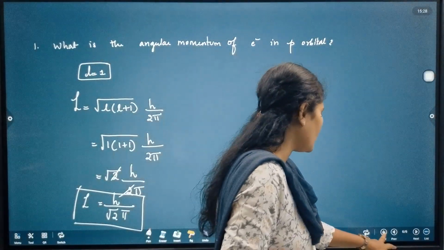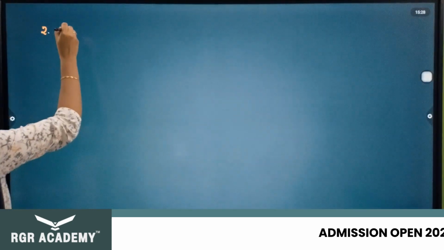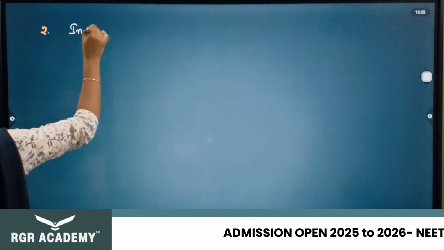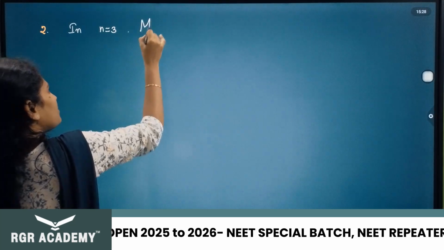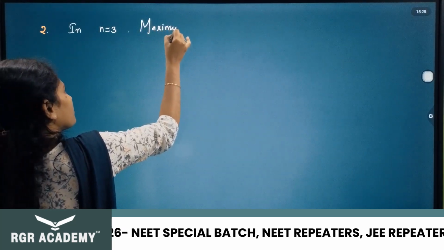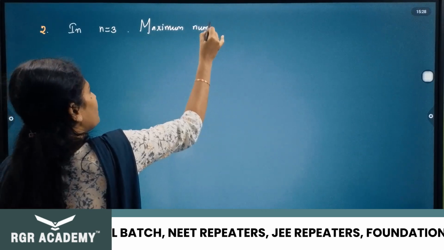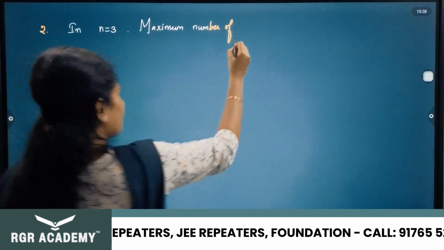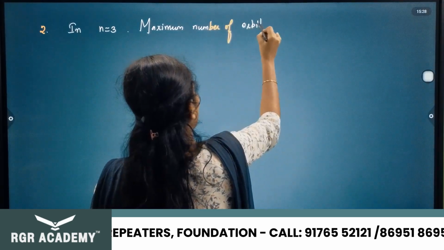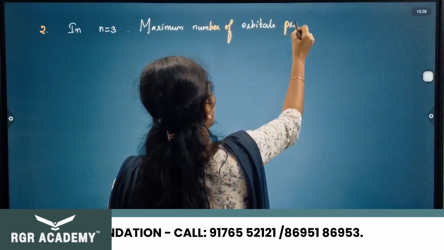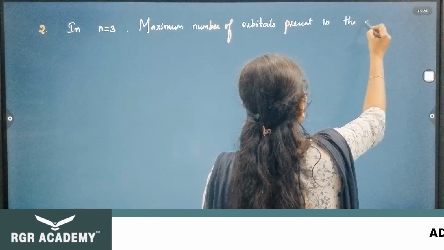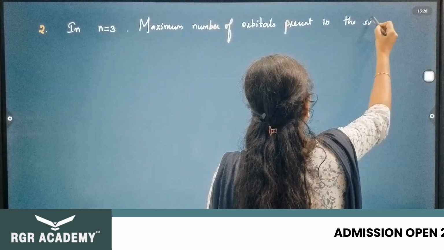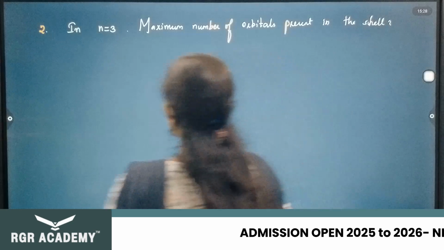Right. Now the next question. If n is equal to 3, what will be the maximum number of orbitals possible in the shell?